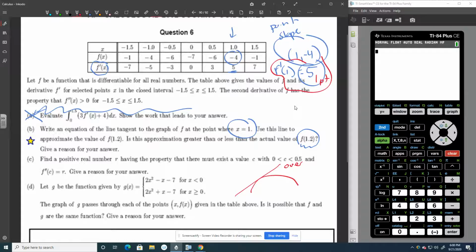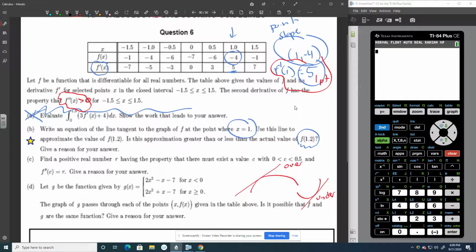If the original function was concave up, our tangent line would be an under. So there's a couple of places that we're looking, and the easiest is if we know something about the second derivative, which we do right here. There it is. F double prime of x is greater than 0.